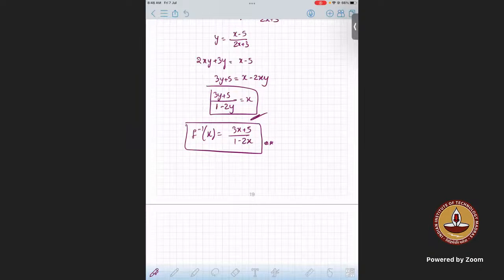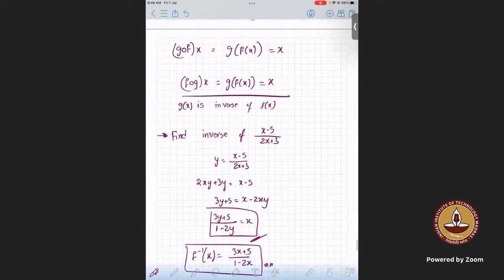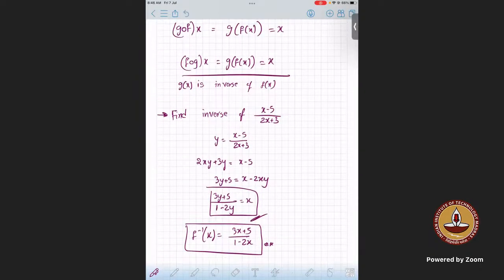Sir, can you move the slide? Thank you, sir. Sir, how does f inverse of x become (3x+5)/(1-2x) from 2y to 2x?